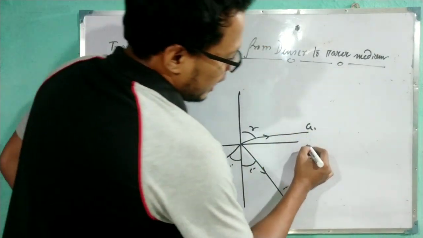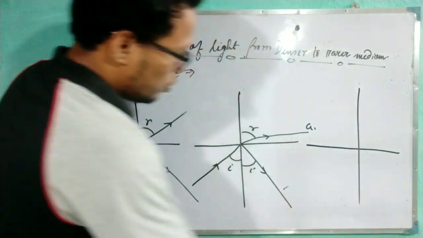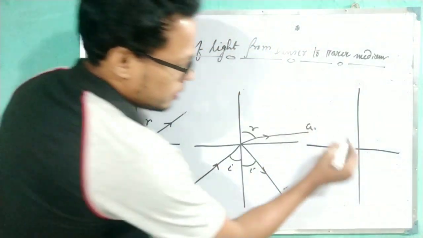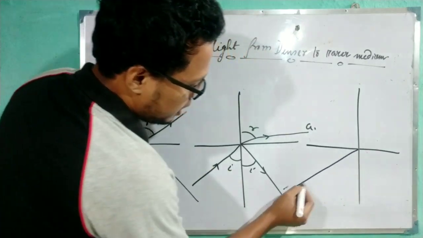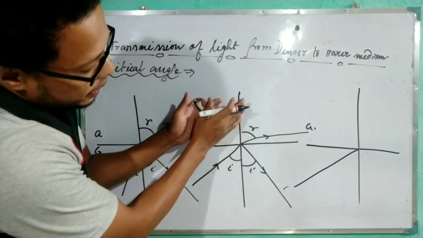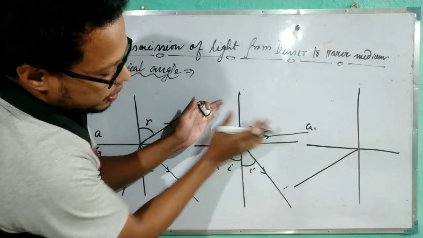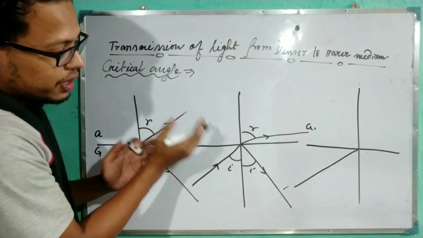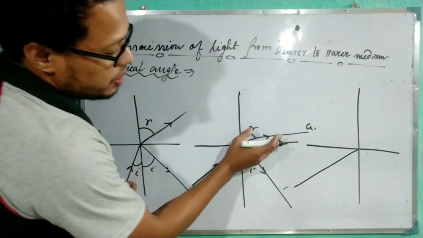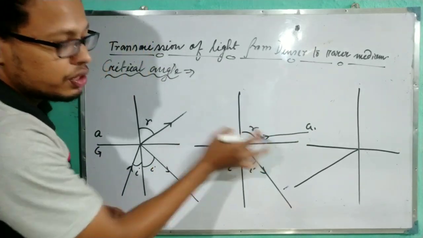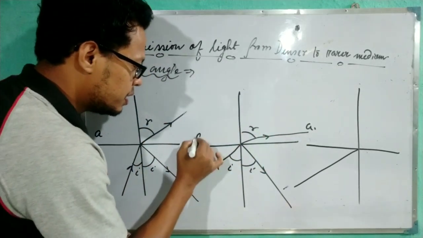So again I am taking the third case where I am increasing the angle of incidence. Suppose this is the angle of incidence. Now see, the ray is bending away from the normal, and if we increase the angle, then what will happen? Then this ray will touch the glass-air surface. This is glass, this is air.